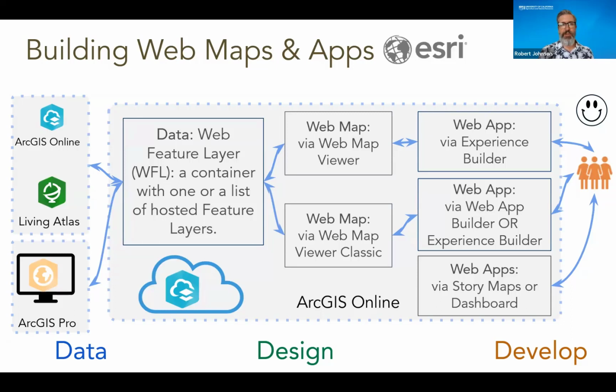And that's usually going to be a feature layer, which may be one single data set or multiple data sets stacked together. You're going to then take that and bring it into a web map for your styling, your labels, getting everything how you want it to look. And then you can push it to any number of the web app templates that are available, and then share it to your chosen audience.